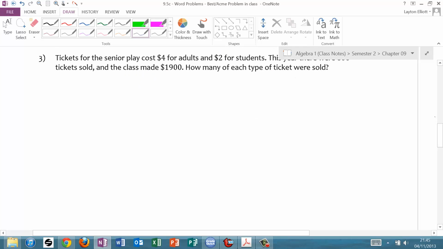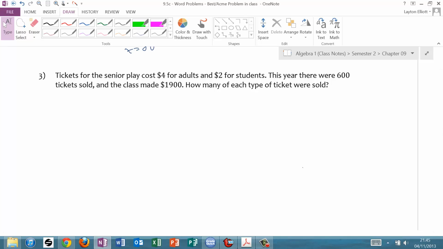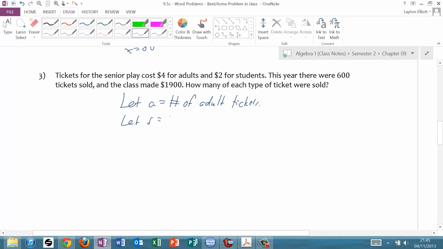Tickets for the senior play cost $4 for adults and $2 for students. This year there are 600 tickets sold, and the class made $1,900. How many of each type of ticket were sold? Let's let A be equal to the number of adult tickets, and let's let S equal the number of student tickets.